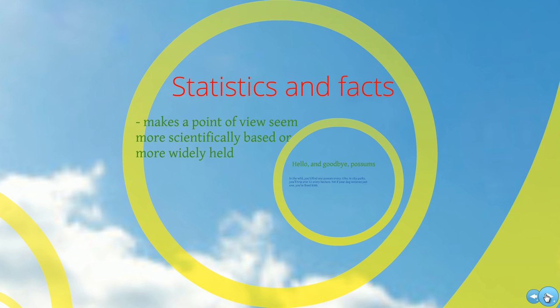So if a writer has statistics from a recognized body or a large survey of people, an organisation that has respect and a good reputation, like a university study or something like that, then it will add weight to their argument. Okay. Also, when it comes to surveys, if it seems like most people share their view, the reader will feel in the minority if they disagree, and it will force them to reconsider their position and possibly move to the right side.